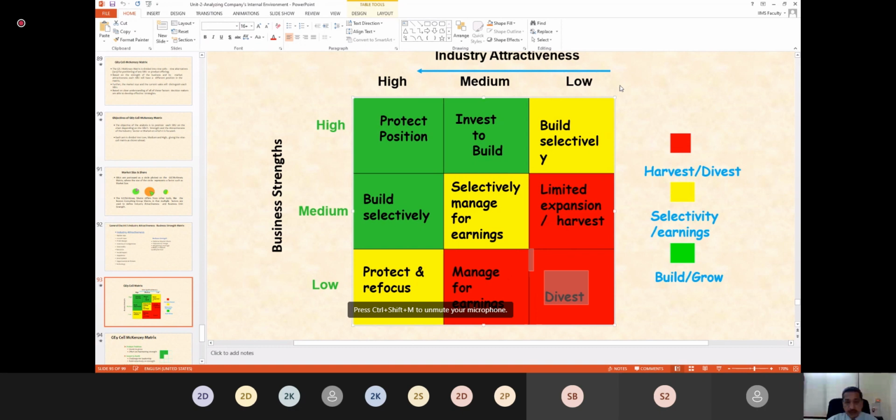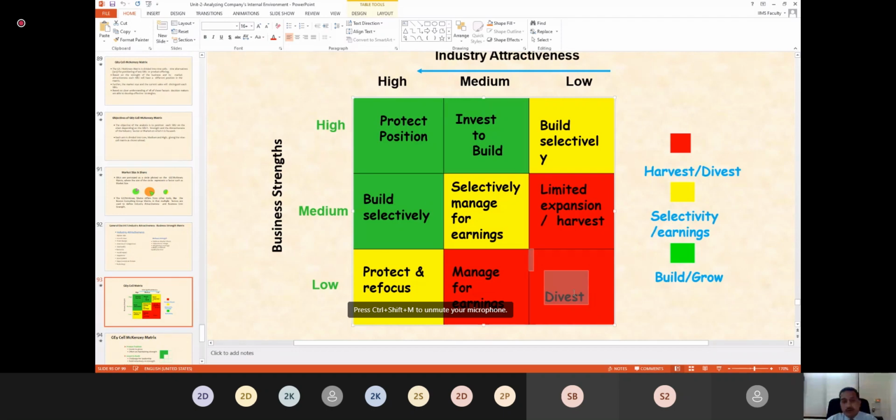On both sides, we do not have any benefit of doing any business in this category, and therefore the businesses under this category can be closed. So here we have written divest. Divest means we can make use of those resources for expanding business in other units. So we can disinvest from these particular business units.